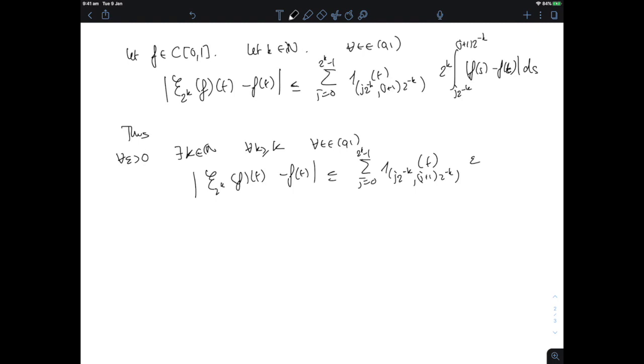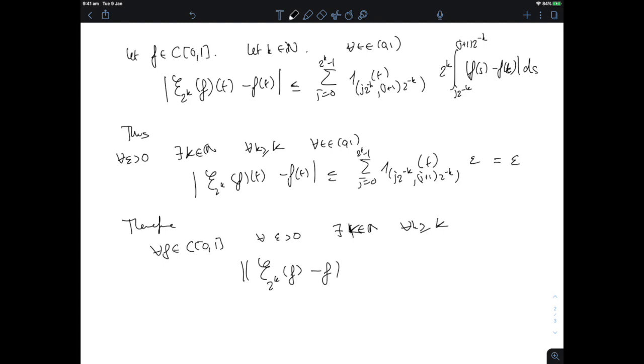Okay, and there's only one element in that sum that is non-zero, so this thing is equal to epsilon for every value of t. So what does that give me? That gives me that for all f in C[0,1], and for every epsilon, there exists a K such that for little k above that capital K, the L^p norm of E_{2^k} f minus f, you can integrate that on [0,1], is smaller than epsilon.